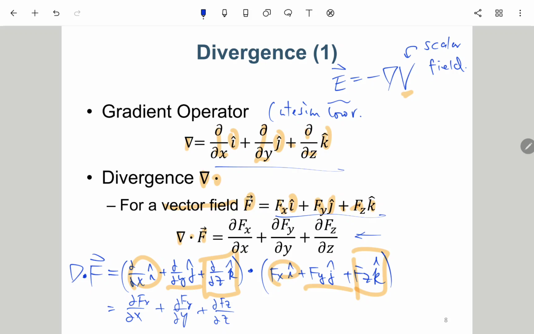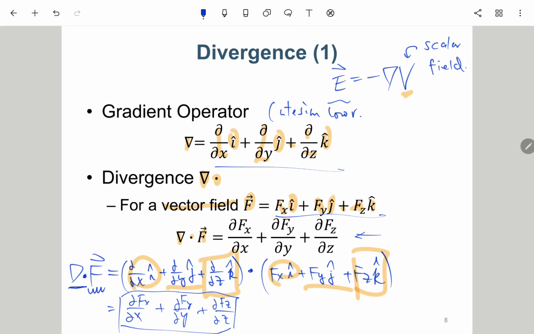And then actually it's like a dot product, which means that the divergence of a vector field turns out to be a scalar field. This is a scalar field. We don't see any vectors here. Fx, Fy, Fz are just the x, y, z components of the field.